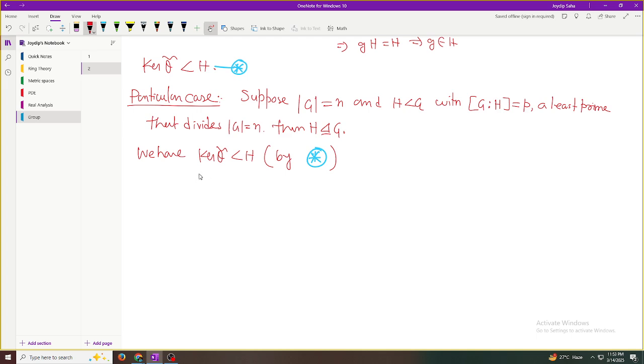So the index of G over the kernel of theta tilde equals the index of G over H times the index of H over the kernel of theta tilde. Okay.